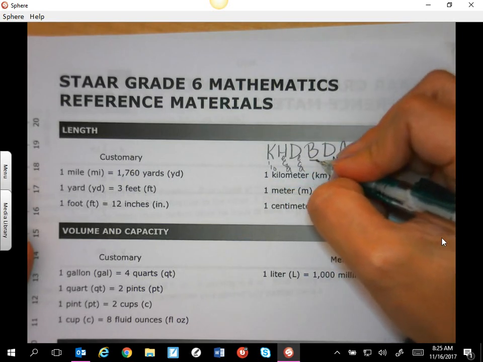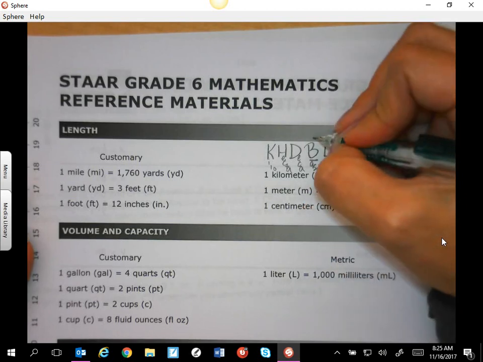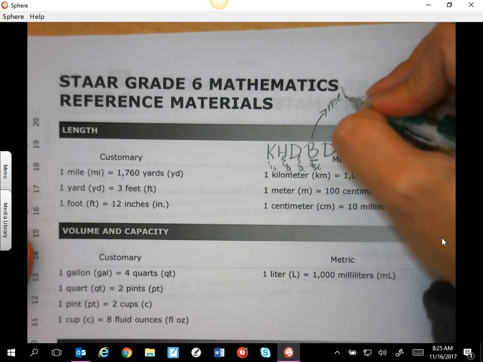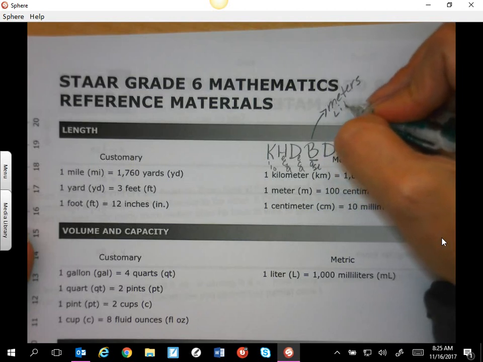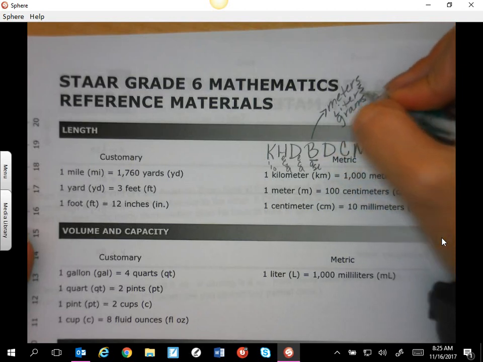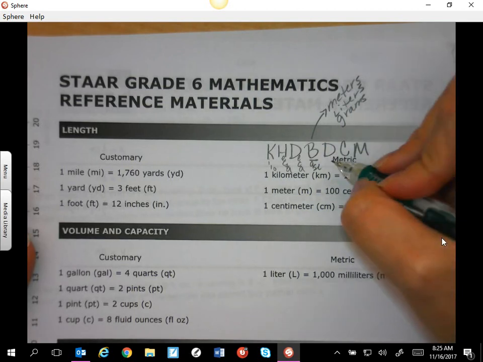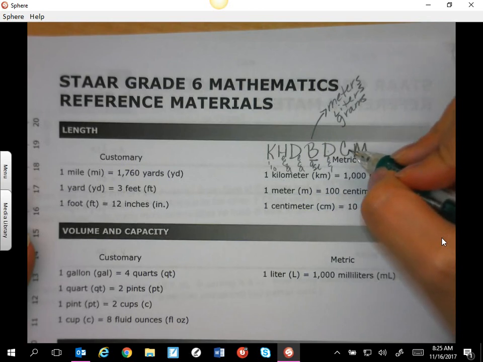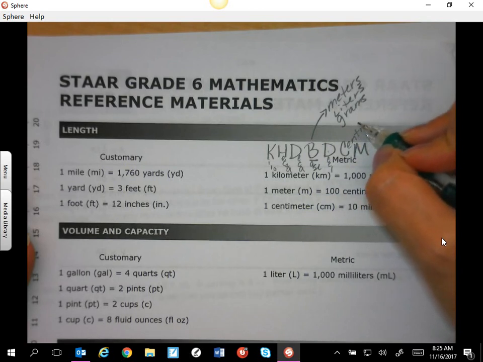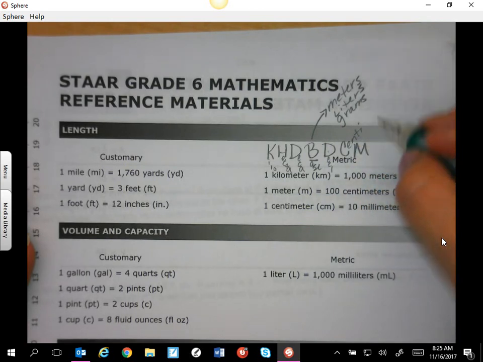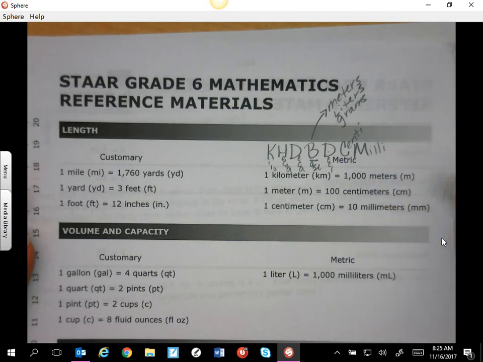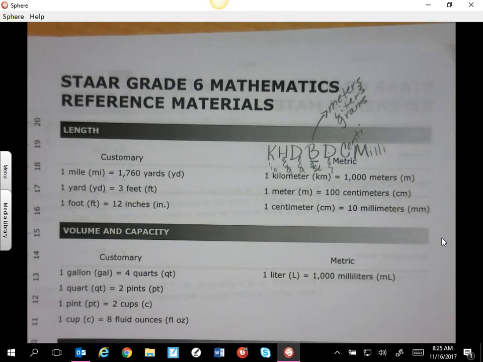B right here, this is our base. This is going to be meters, liters, and grams. Deci, we use this one often. This is like a tenth. Centi, we use that one all the time. That's going to be 100th. And milli, like millimeters, that's going to be 1,000.